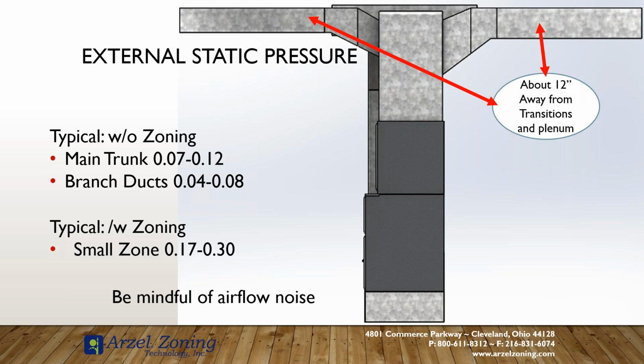So design for your supply duct is between 600 and 900 feet per minute. Design for your return duct is between 500 and 700 feet per minute. And then your branch ducts are 300 to 700 feet per minute. So that helps us when we look at our slide chart.